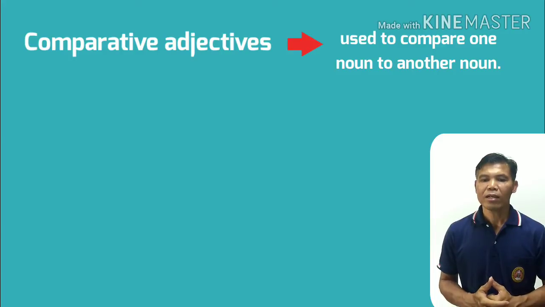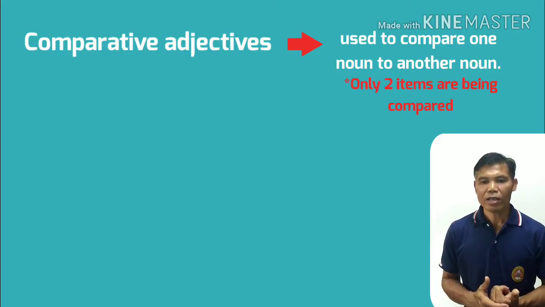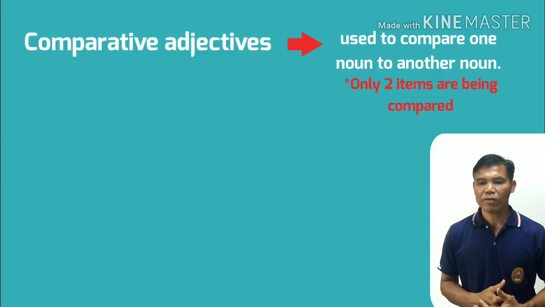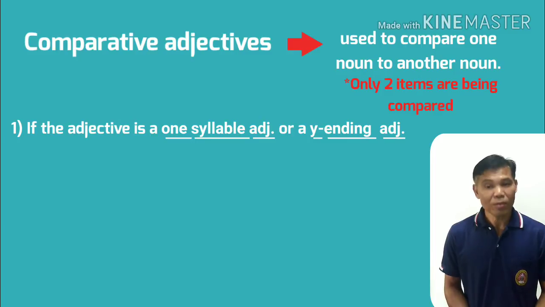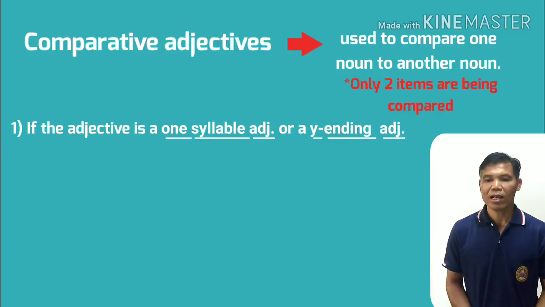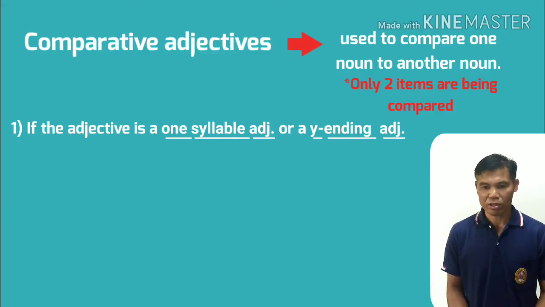In this case, only 2 items are being compared. The structure of a comparative sentence can be in 2 patterns. First, if the adjective is a one-syllable adjective or it is a Y-ending adjective, we use the following structure.